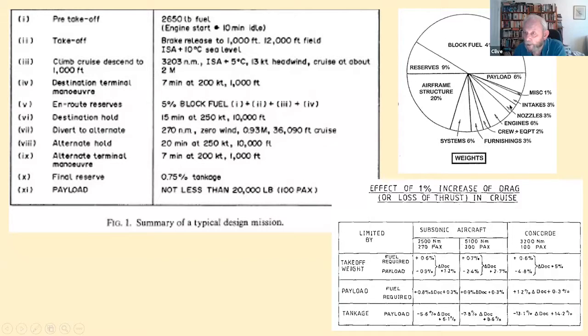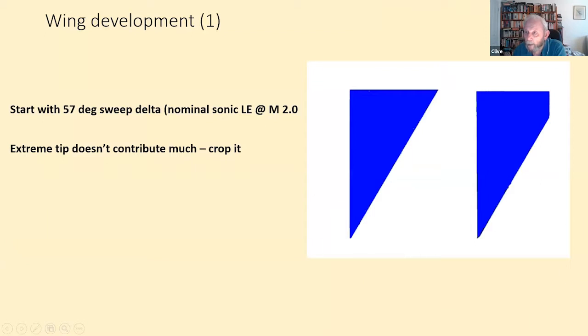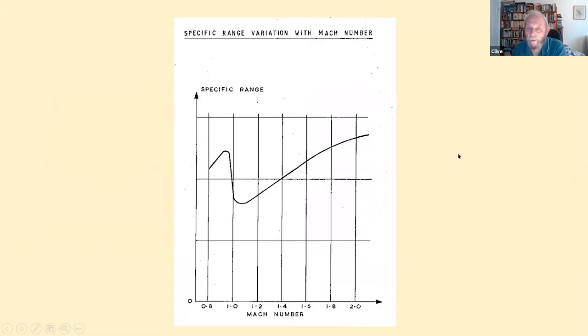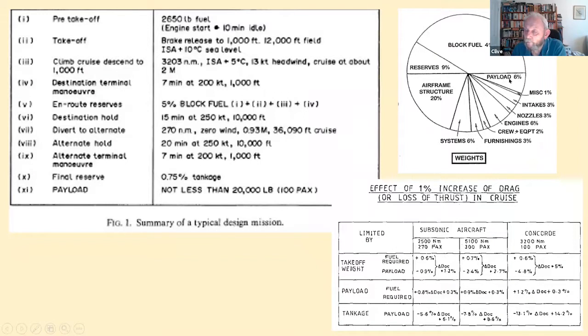You can also see that the payload fraction is only about 5% of the takeoff weight, which means it's very sensitive. A 1% increase in structure weight, for example, is a 20% reduction in your payload, and that starts to hurt very quickly.